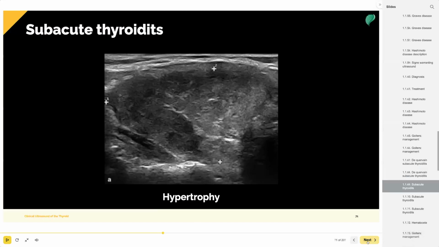In this image, we can see an example of subacute thyroiditis displaying a glandular hypertrophy of the hypoechoic or isoechoic regions with the healthy areas. It also demonstrates signs of inflammation. It is also very important to consider inflammation because the echogenicity will be normal because of edema. And also, there's an influx of fluid.